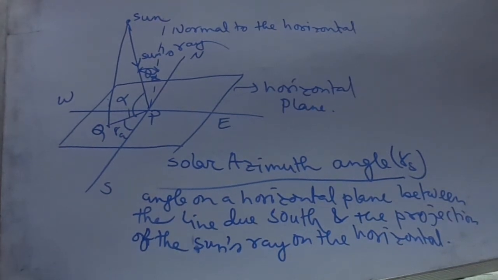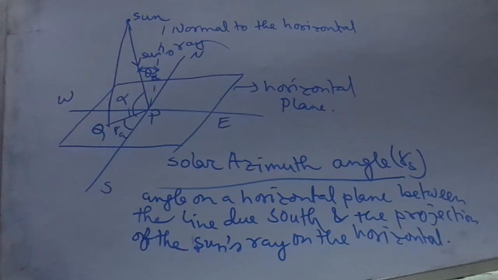Another angle is the slope or tilt angle, beta.